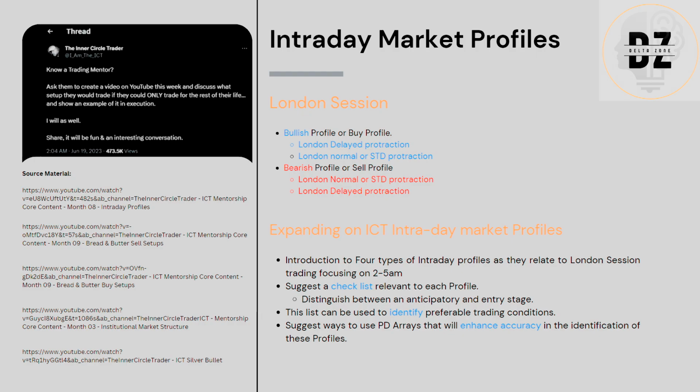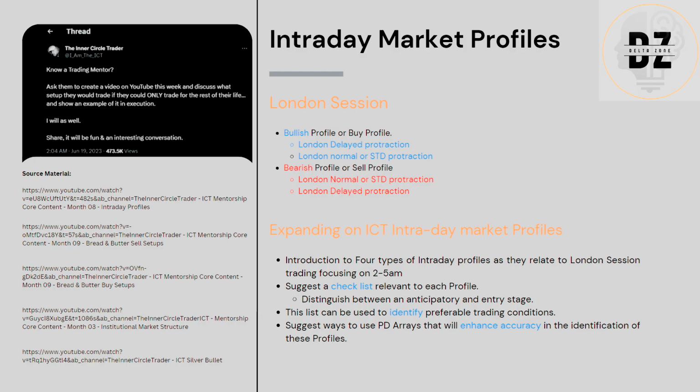I have studied how these profiles exist as templates that, when employed as an anticipatory skill, manifest as 4 recordable forms. We are familiar with them as being categorized by the following. So the first one is the bullish profile or buy profile.